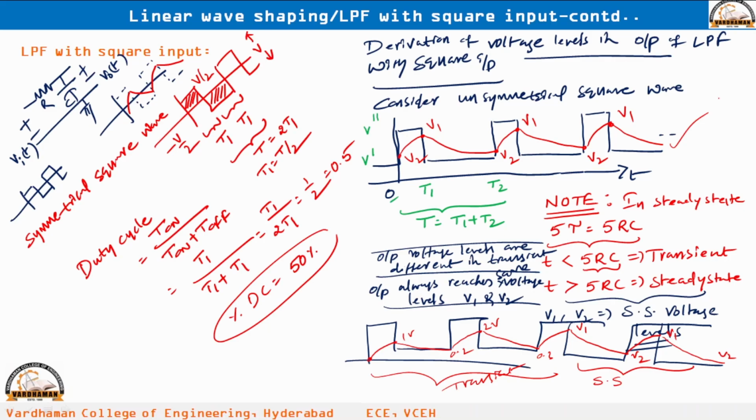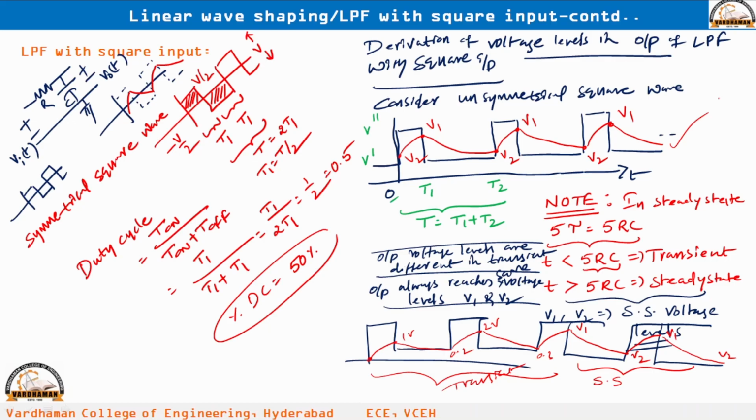Okay, if they want to ask in a tricky way, they may ask: find the voltage levels of the output of the low pass filter with the square input for the first 2 seconds, for the first 3 seconds, or for the first 2 cycles of the input. Within those first 2 cycles, it may reach the steady state, or it may not. That you need to analyze with respect to the RC value.